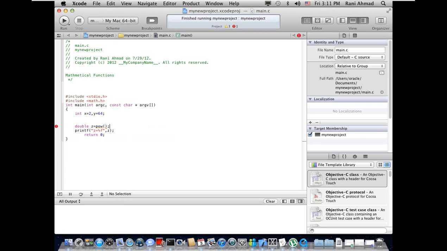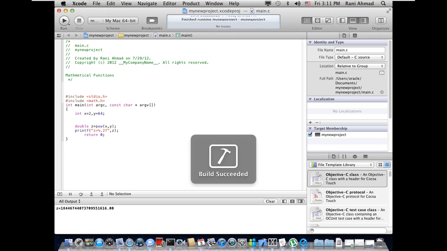Here I have x and y. I'm substituting right away, and I want to put .2f here for precision's sake, because the number will be an integer anyway, but I'm setting it in a double, so there is no harm doing this. And this is running it.